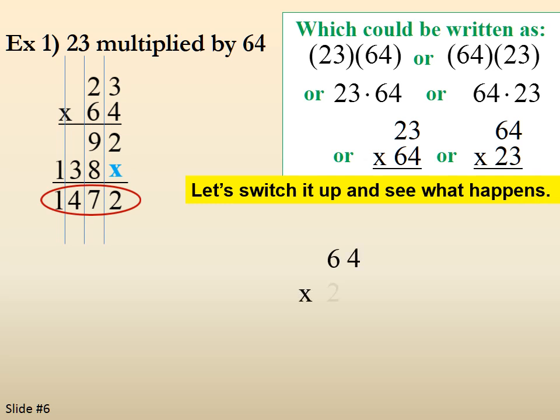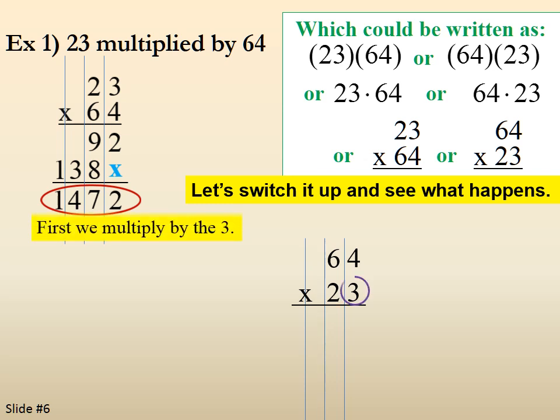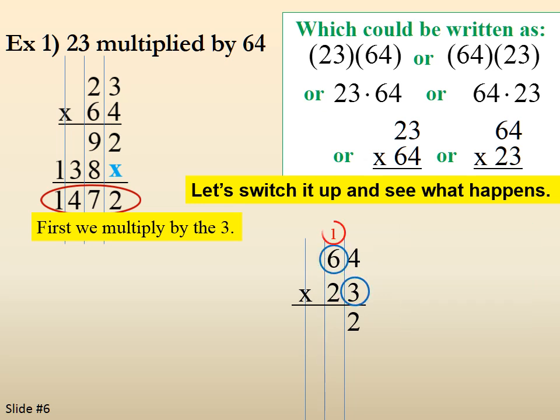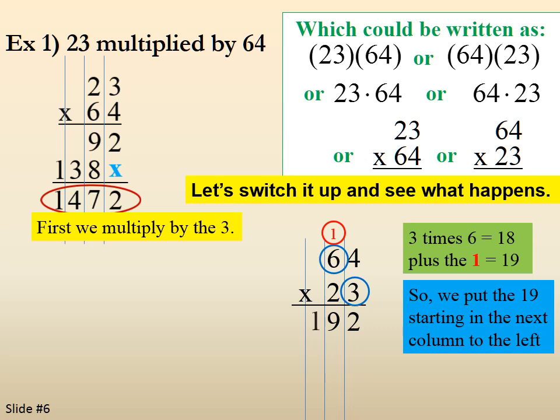Let's switch it up and see if it's any different. If I reverse the positions of the 23 and the 64, does it make a difference? So we multiply by the 3: 3 times 4 gives us 12. So we put down the 2 and carry the 1. 6 times 3 is 18 plus 1 is 19, and we write down the 19.